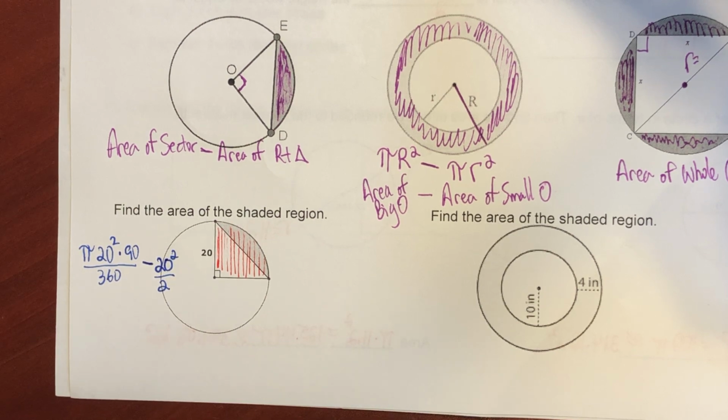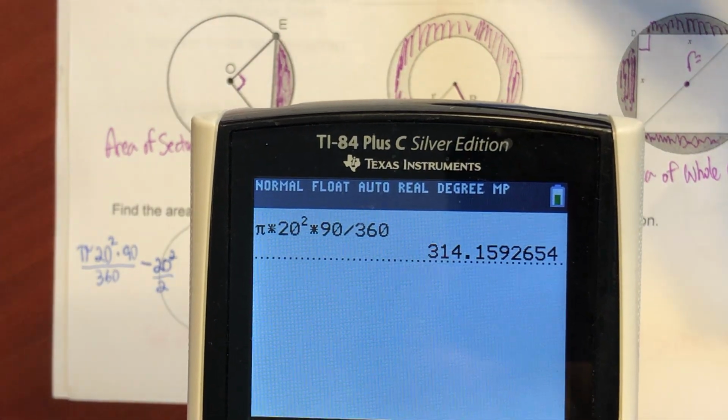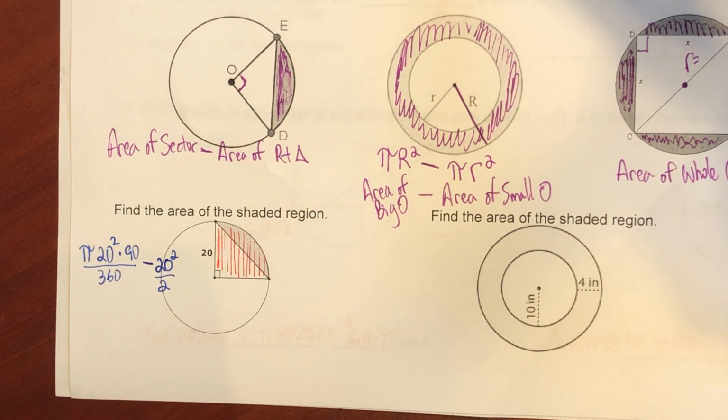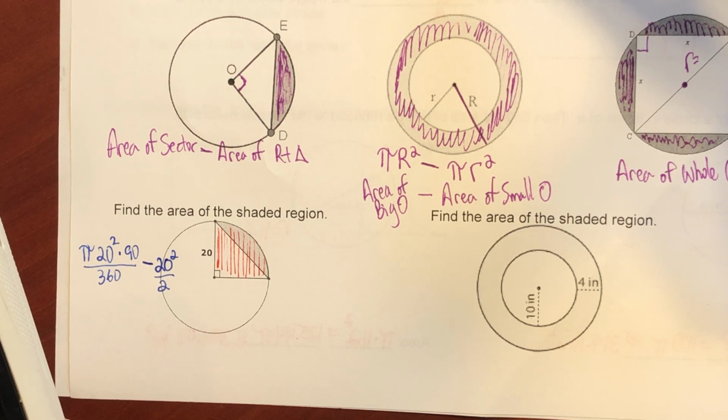That equals 314.1592654. Okay. Now I'm going to keep that right there, and I'm going to subtract from that, subtracting 20 squared divided by 2.